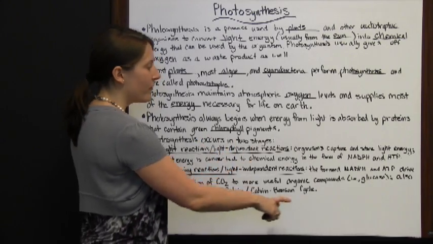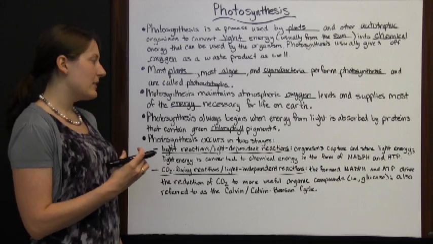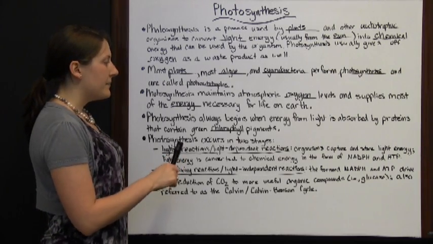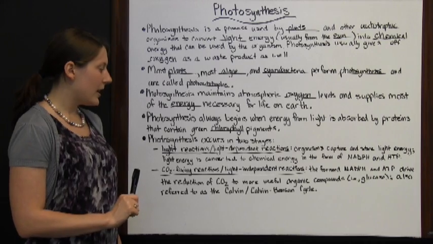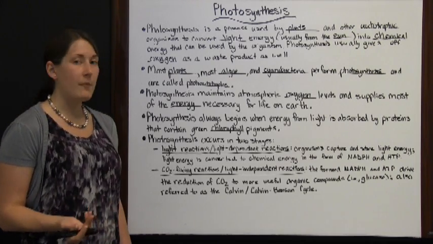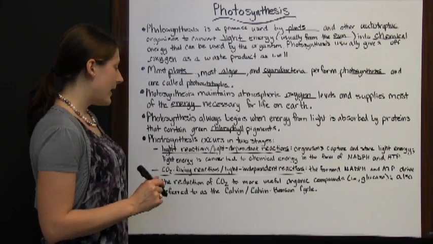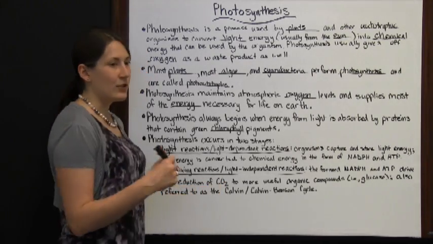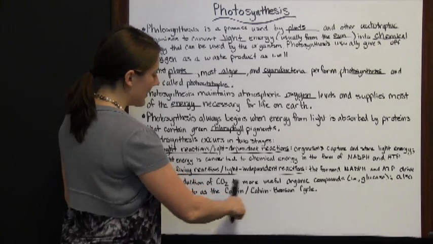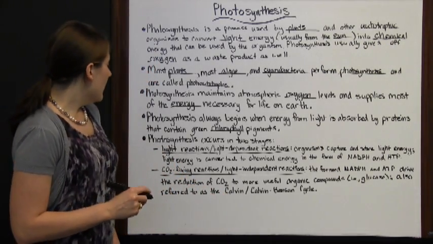And this is when the formed NADPH and ATP, so it's already stored and formed in that autotroph, those two energy molecules drive the reduction of carbon dioxide to more useful organic compounds, such as glucose. And they are also referred to as the Calvin or Calvin-Benson cycle. So when the carbon dioxide is reduced, that process can be called the Calvin or Calvin-Benson cycle as well.